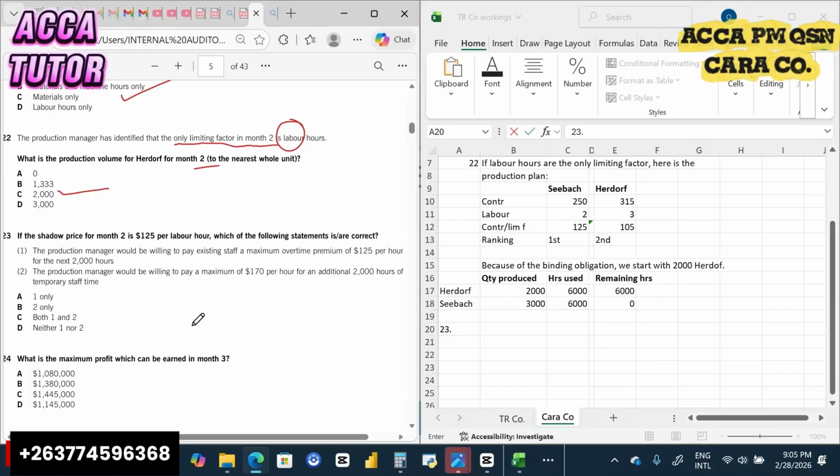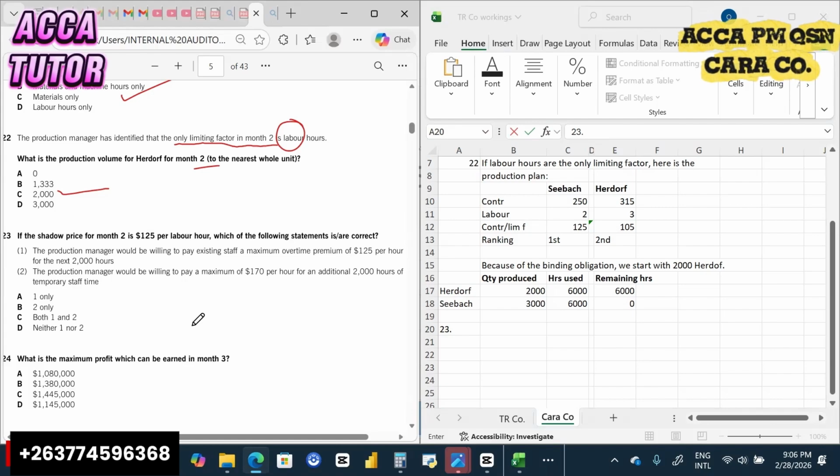It is the extra unit we are comfortable to pay to enjoy the scarce resource, or the extra contribution we earn after adding the scarce resource. All right, so if the shadow price is $125, as in this question, remember, it's $125 per labor hour.